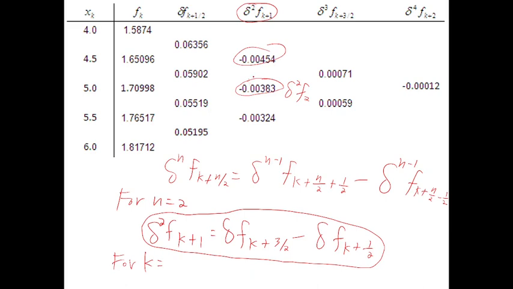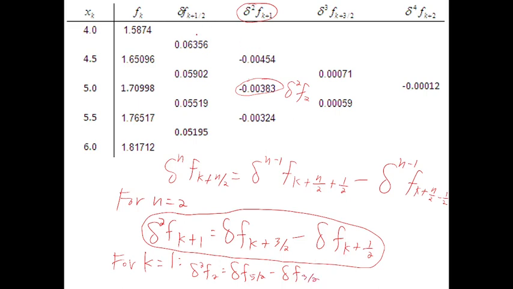Okay? So for k equals 1, so that is delta squared f 1 plus 1 is 2. K is 1. 1 plus 3 halves, that is 5 halves. 1 plus 1 half, that is 3 halves.